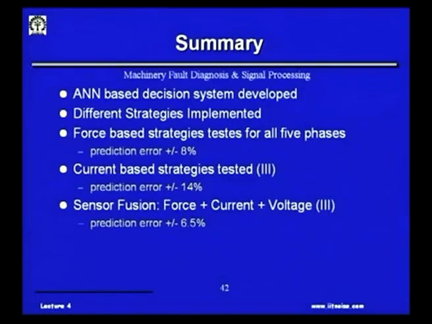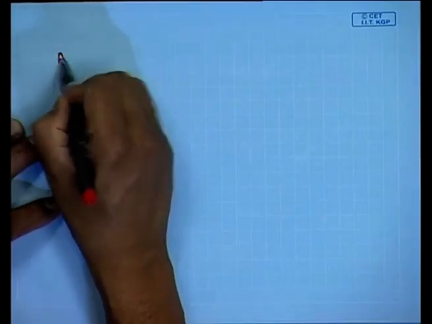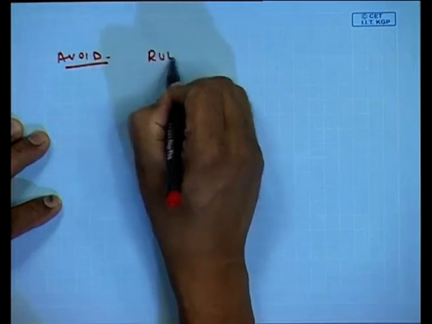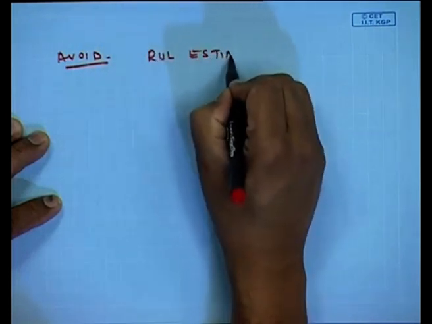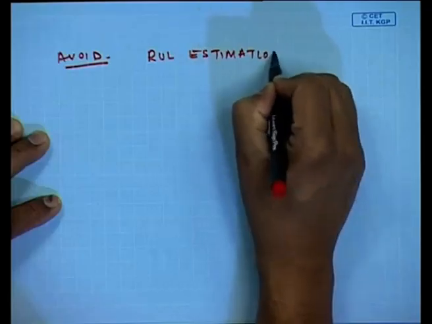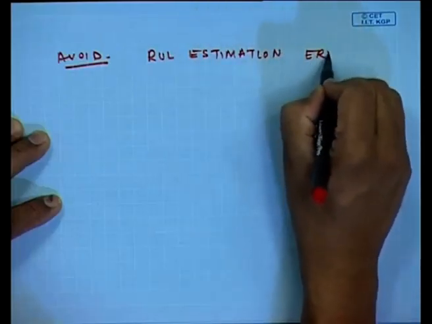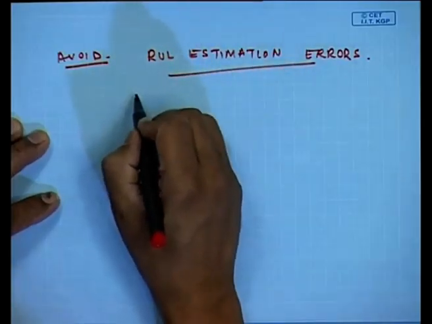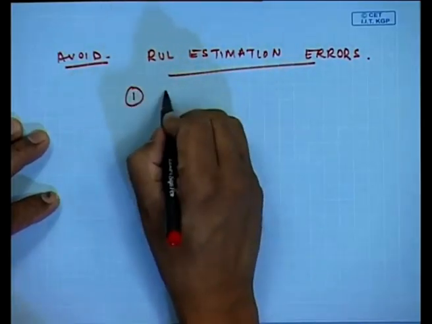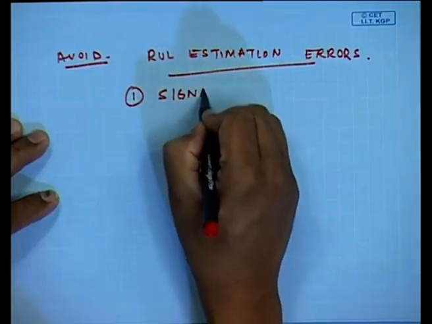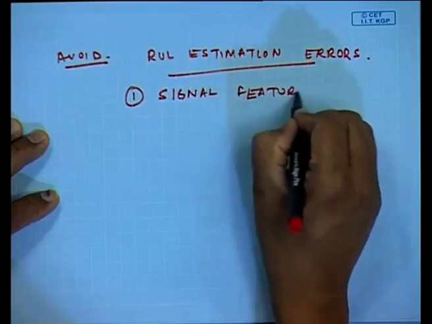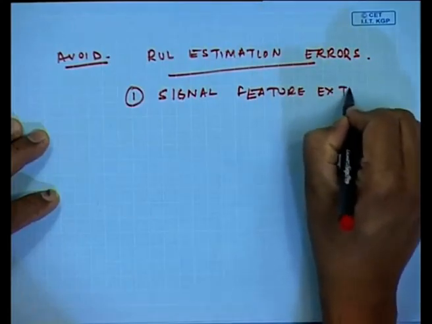Okay. Now, to avoid RUL estimation errors, we did a couple of things. We did signal feature extraction.